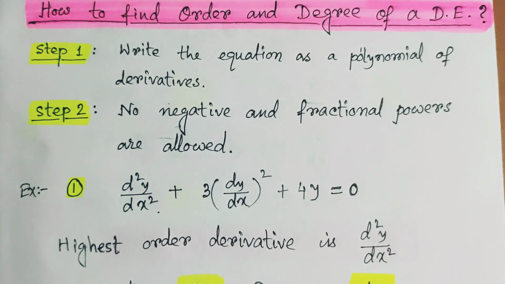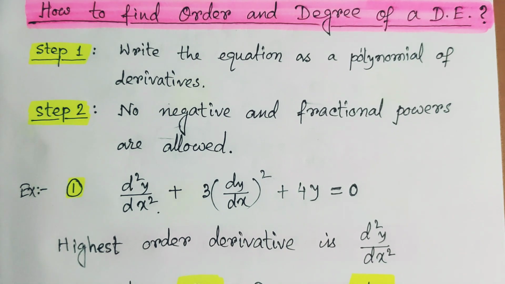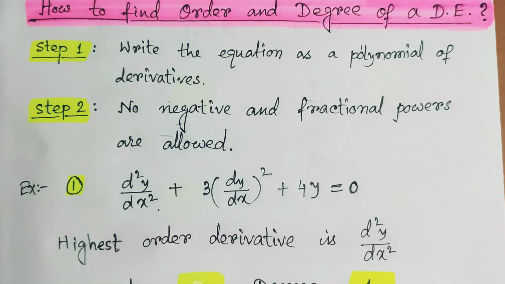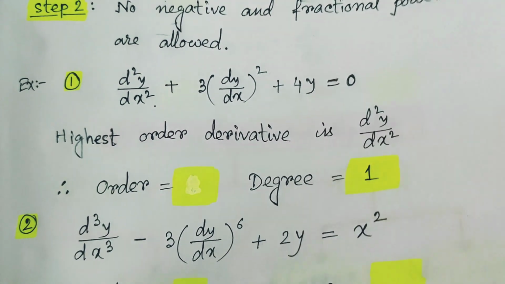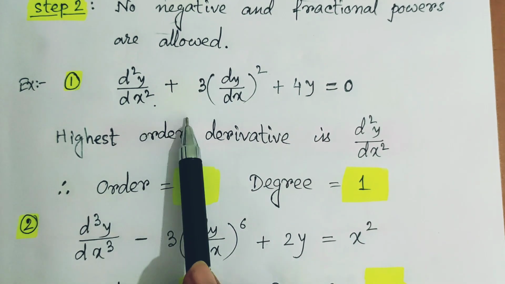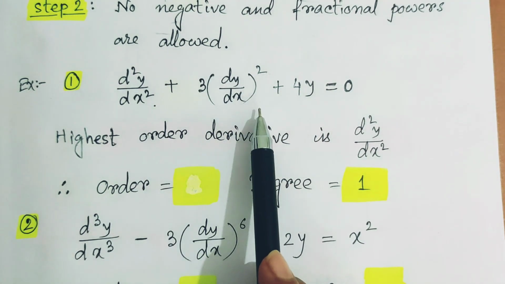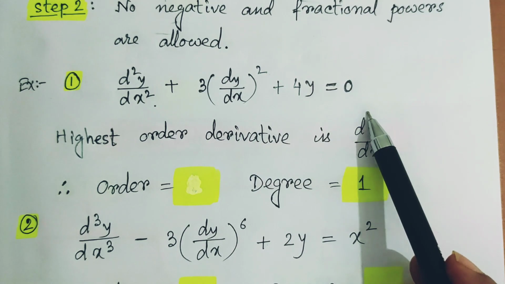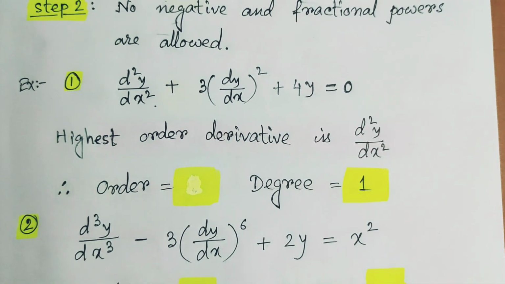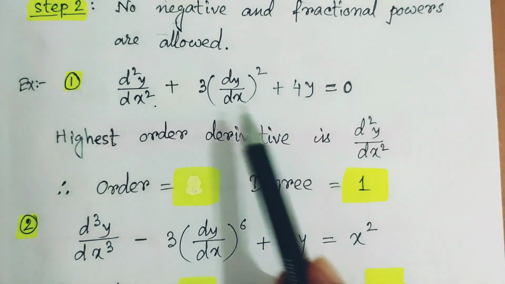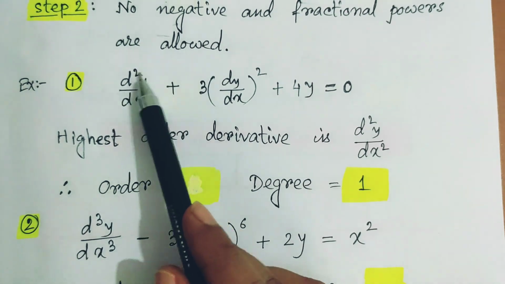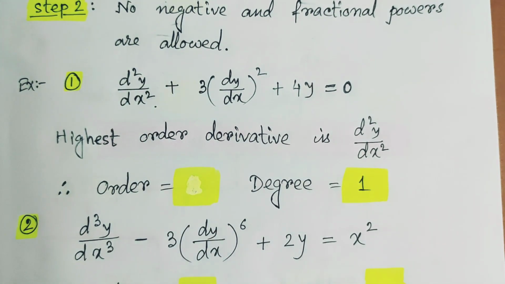So with some examples, we verify and understand what is the order and the degree of a differential equation. The first example is d²y/dx² plus 3 (dy/dx) whole square plus 4y is equals to 0. So here the highest order derivative involved is definitely this one, d²y/dx².